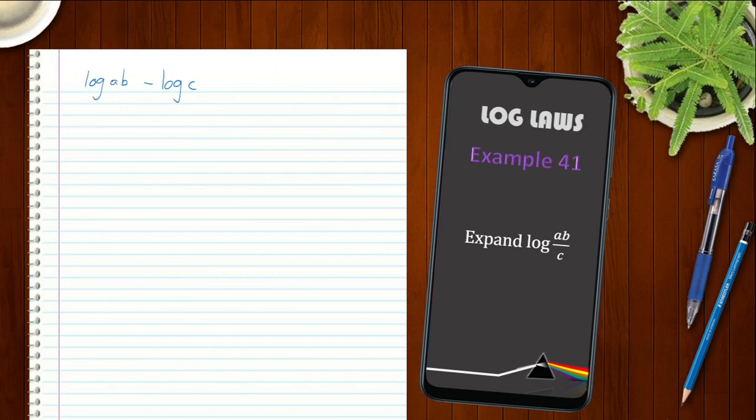Then we have this term with a times b, so we can further expand that to be log a plus log b minus log c. And that is then its most expanded form.